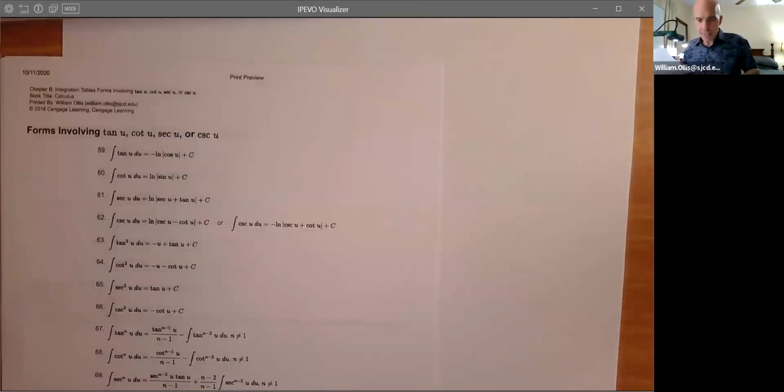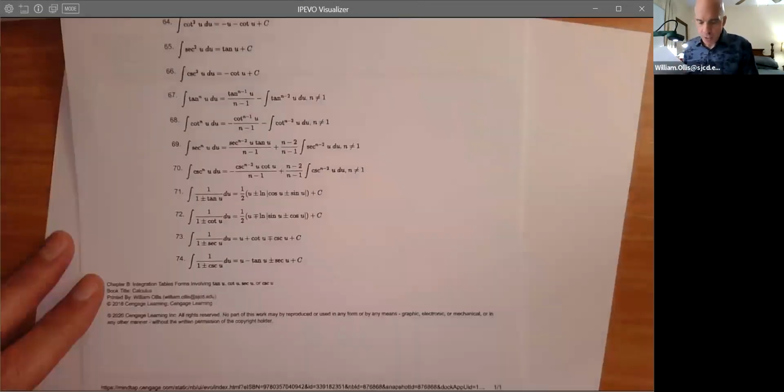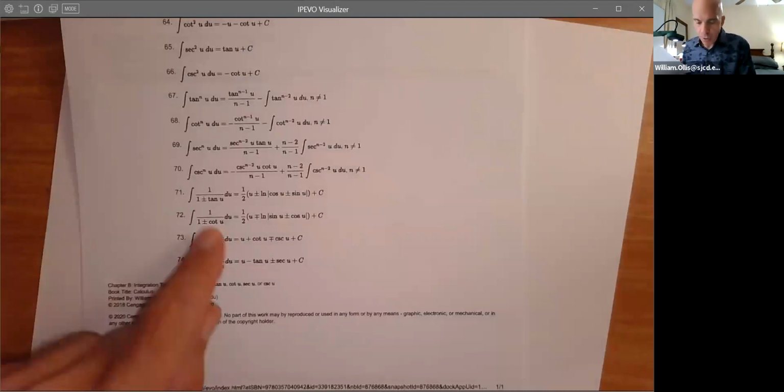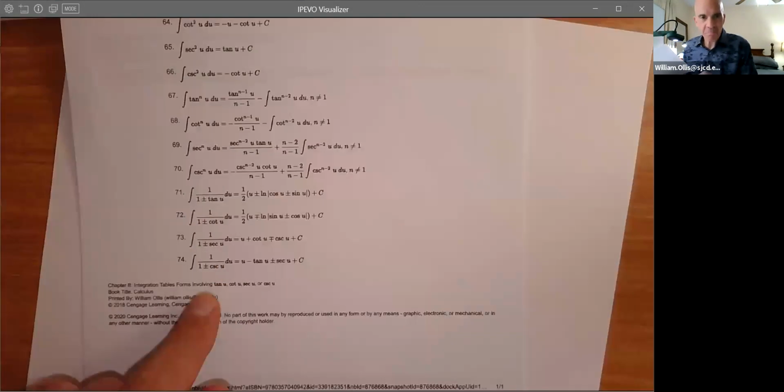Like for instance, ladies and gentlemen, here, you'll notice that you've got plus or minus tangent, plus or minus cotangent, things like that. Again, you can use conjugate methods.